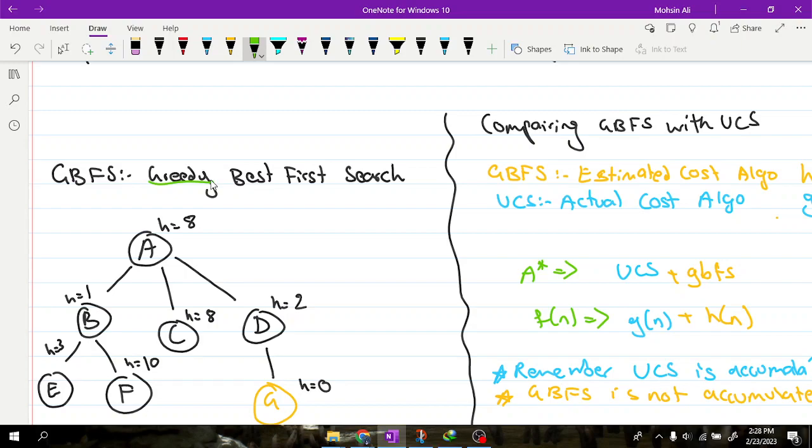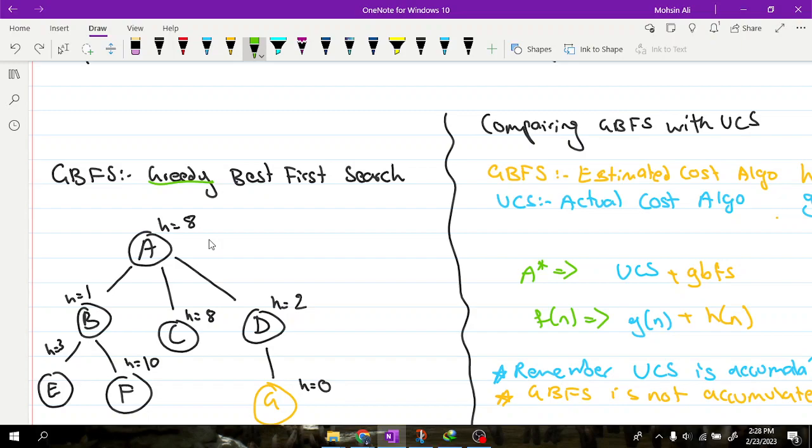Now in this example, I have no clue which heuristic might have been used. I don't know if the heuristic values were calculated using Manhattan distance, Euclidean distance, or something entirely different. But regardless of which heuristic we use, we have these heuristic values. And GBFS works purely on heuristics only.